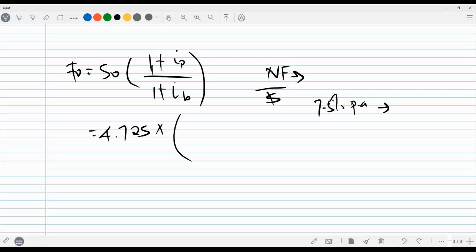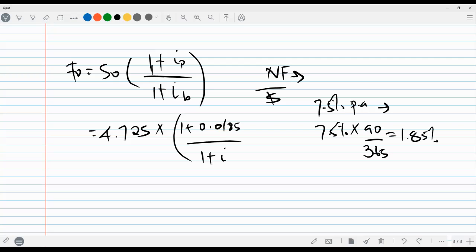That is 7.5% times 90 out of the number of days in a year, 365, which gives 1.85%. Therefore, 1 plus 0.0185 is 1.0185. We divide by 1 plus the interest rate in the base currency, which we are being asked to get.